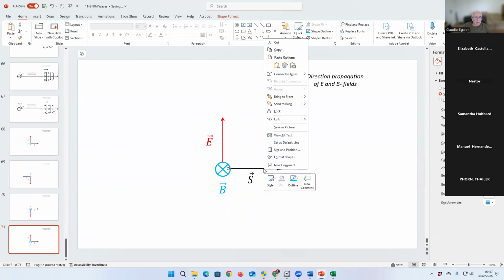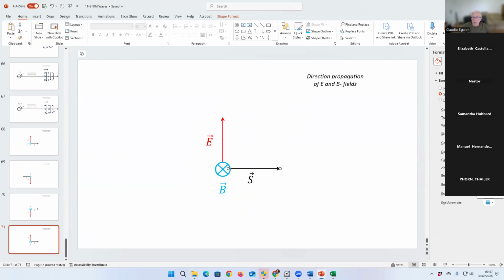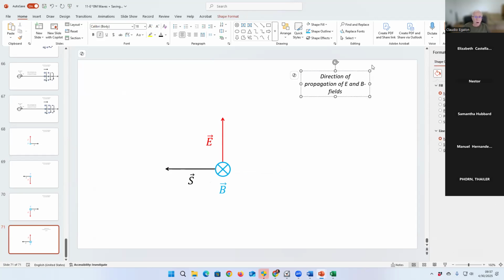And I have to revert the S direction as well. Here you go. Okay, direction of propagation of the electromagnetic wave.